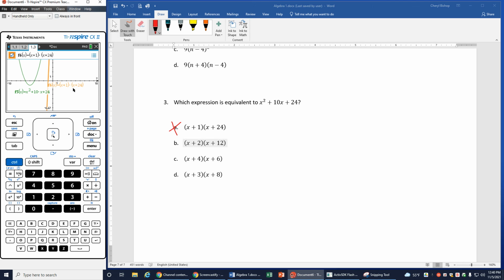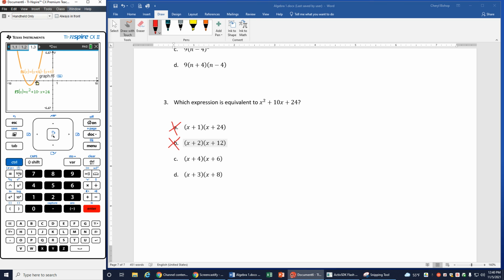Let's try B. This time we have x plus 2 and x plus 12. Let's see if that matches. It got closer. It moved a little to the left, but nope, it still didn't match. So now we're going to try x plus 4, x plus 6. Let's see where that gets us.